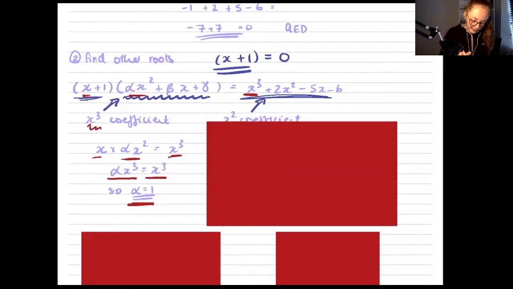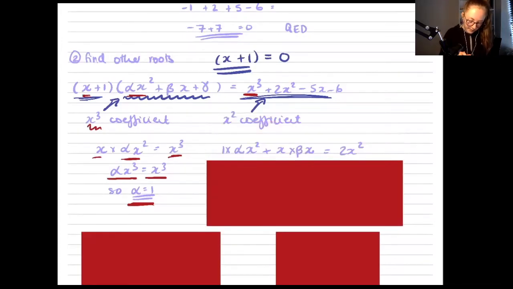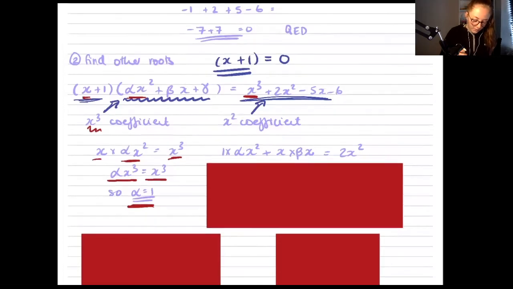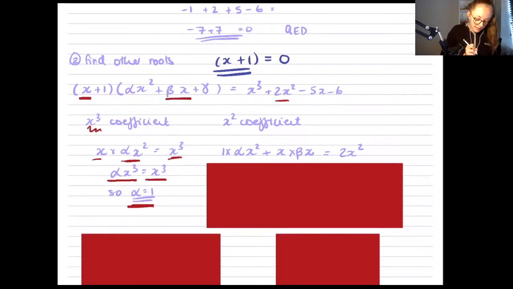Then we'll do the exact same thing for the x squared coefficient. So what values in this equation here will make x squared? Well, we know that if we multiply this x to the power of 1 by this x to the power of 1, we'll get an x squared value.